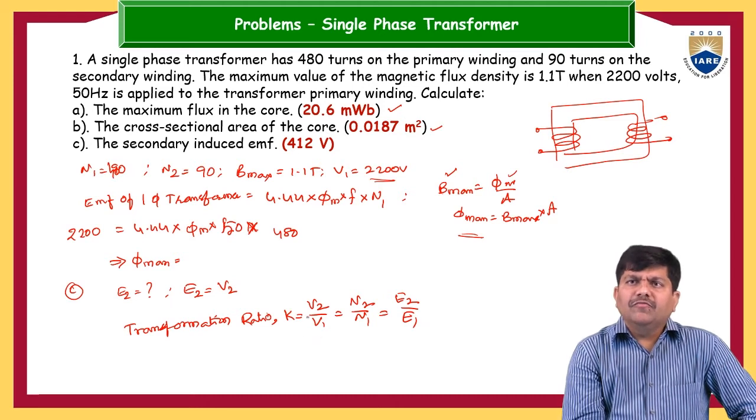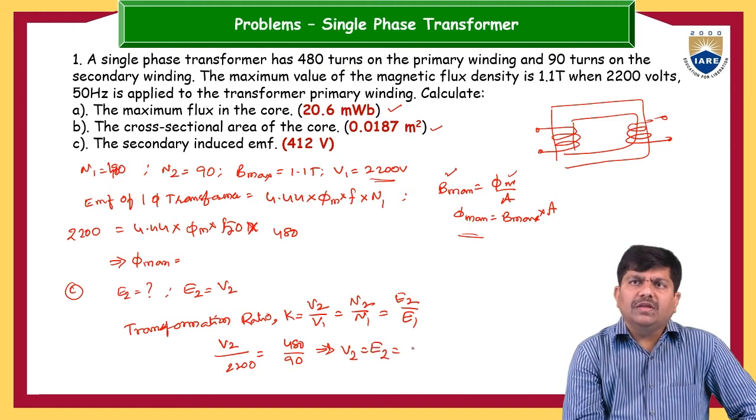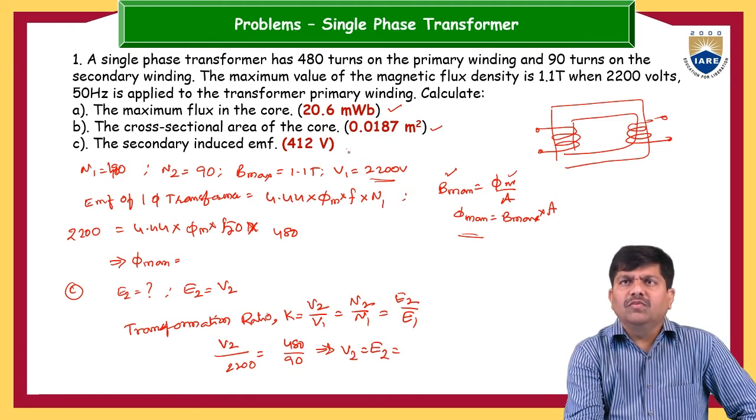Here V2 we don't know, but V1 we know, that is 2200, and N2 by N1 is 90 divided by 480. If you simplify this, you can easily find V2, which is also the E2 value, that is 412 volts.